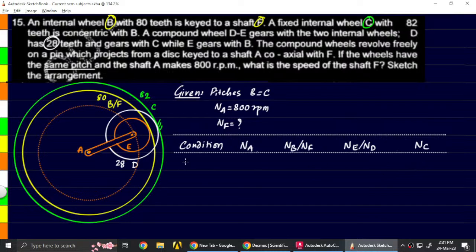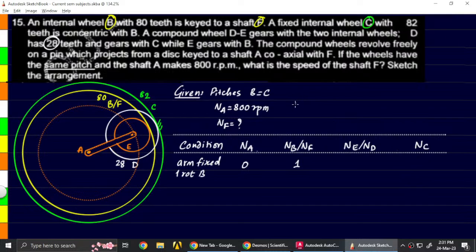First we will keep the arm fixed, and give one rotation to B. So when the arm is fixed, its speed is 0, and for B we are giving one rotation. Now we have to find how many rotations these other two wheels are going to execute.